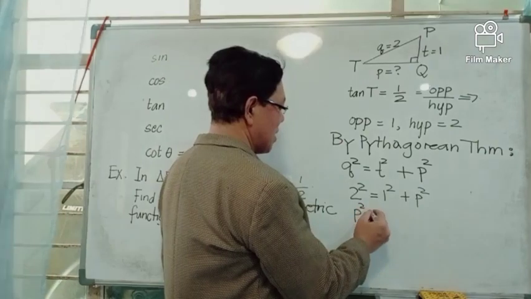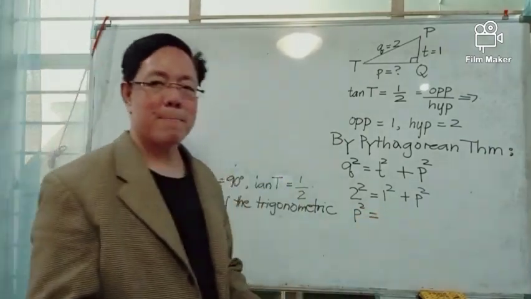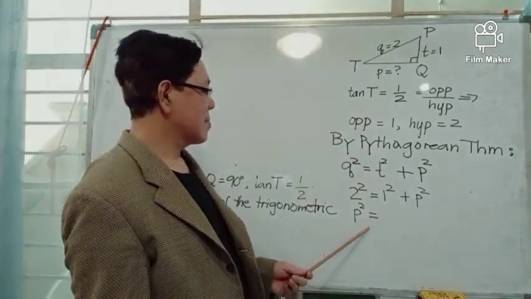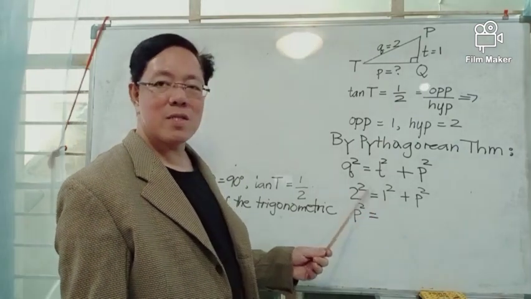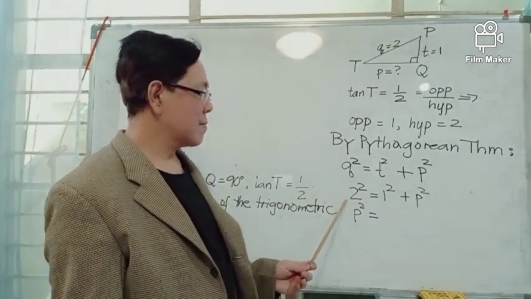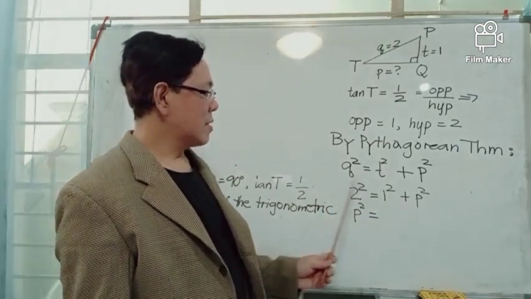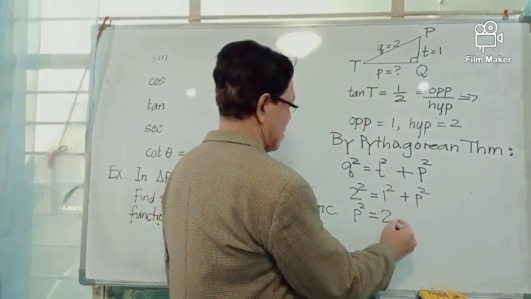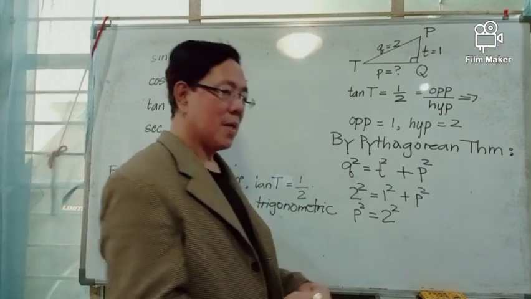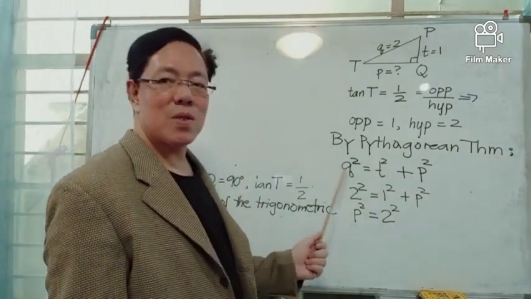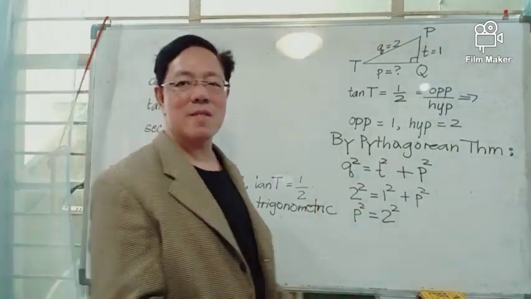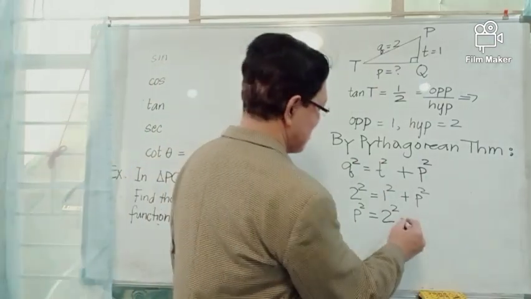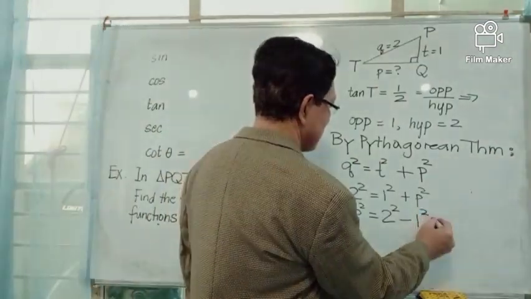Thus, p squared equals, we transpose 1 squared to the other side. At the other side, we have 2 squared. And we transpose 1 squared to the other side. We take the opposite side. We get minus 1 squared.